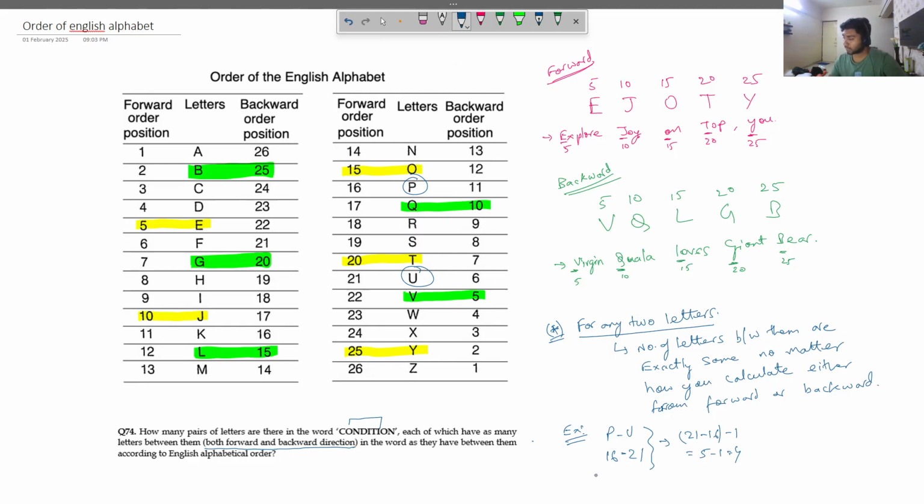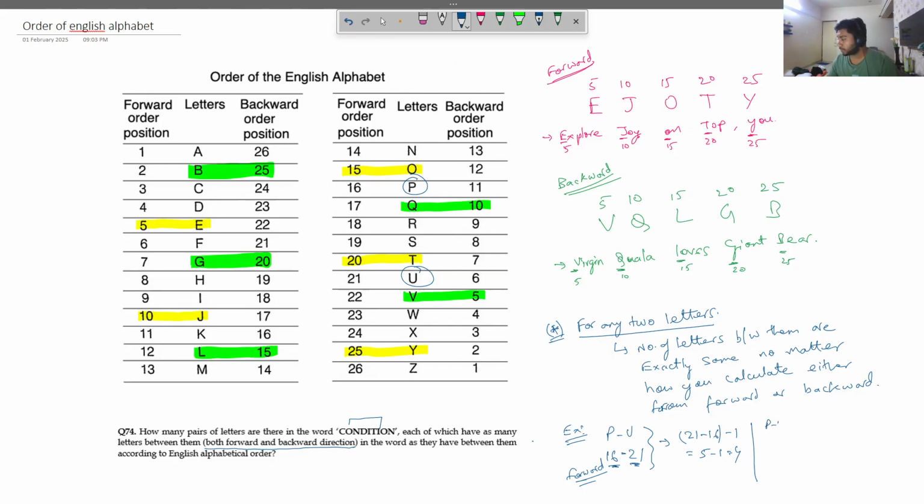What we have done is calculate from the forward numbering. Now I'll show you the reverse, backward numbering.